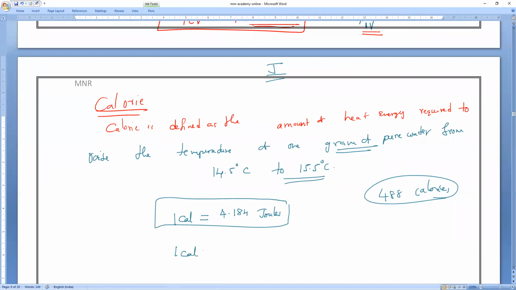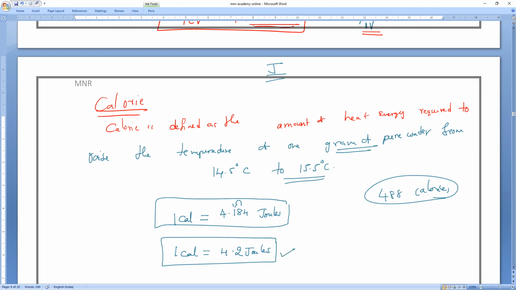Or else I can say 1 calorie is equal to 4.2 joules. So please make it 1 calorie is equal to 4.2 joules.